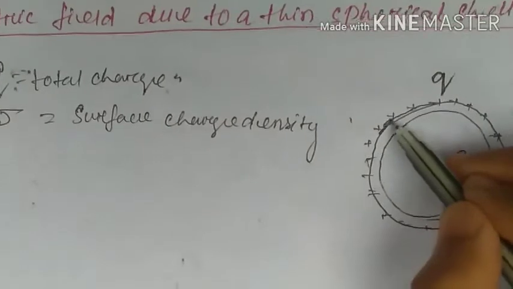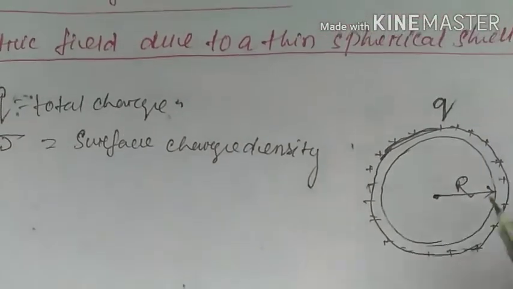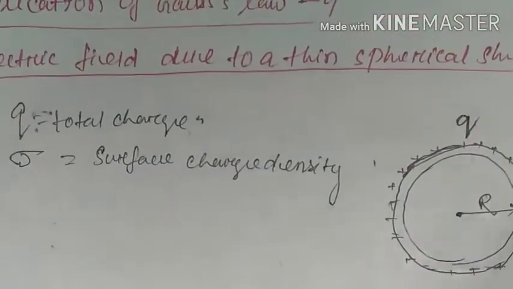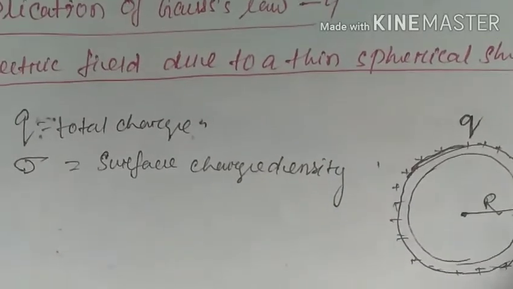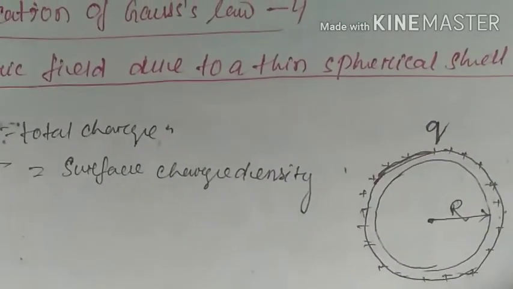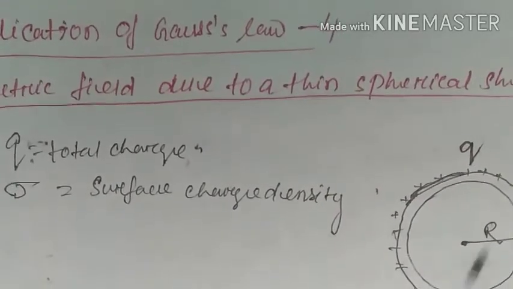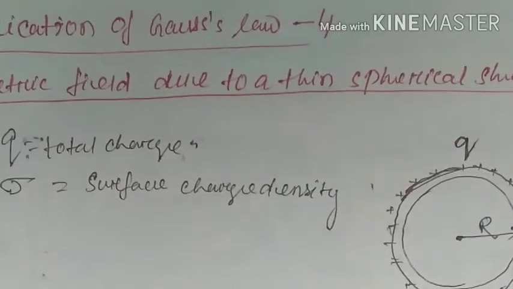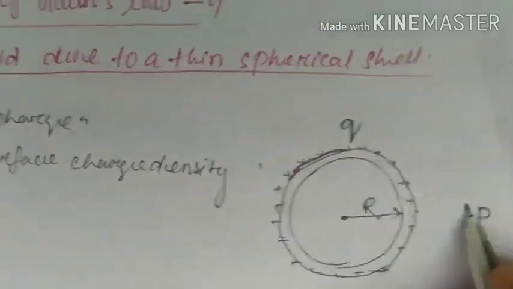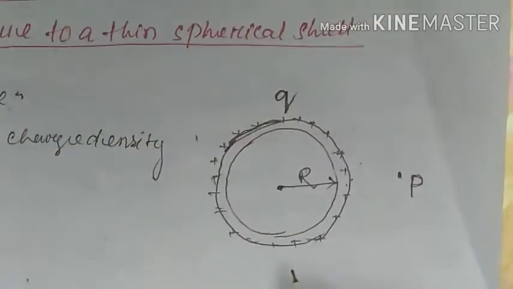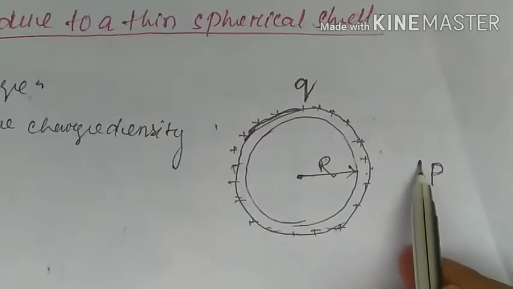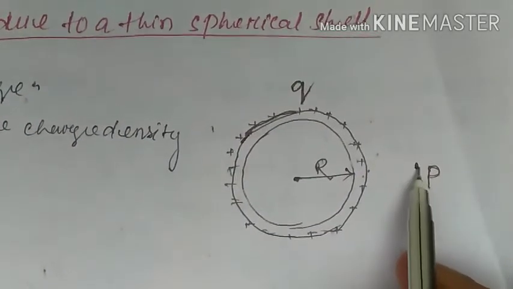Now we have to calculate the electric field at a point, suppose here P, outside the spherical cell. So three possibilities may be there.